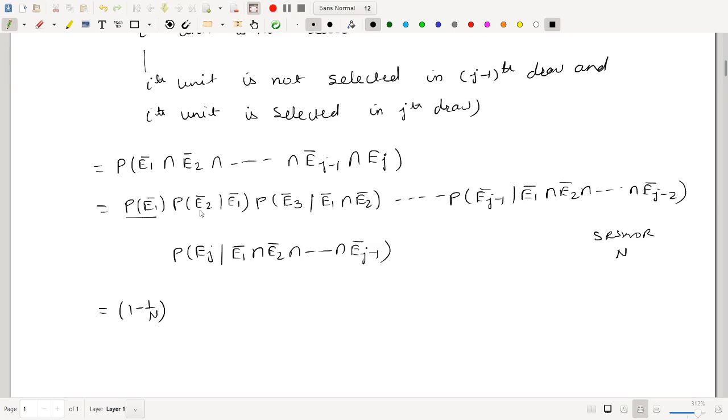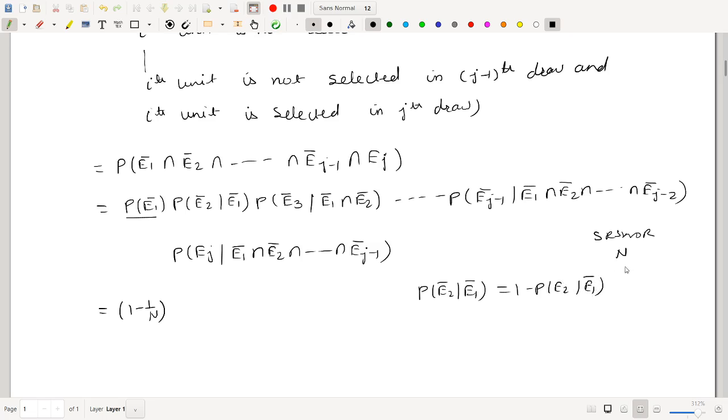To find probability of E2 bar given E1 bar, probability of E2 bar given E1 bar is actually 1 minus probability of E2 given E1 bar. Now this given E1 bar means actually ith unit is not selected in first draw, and then we want to find probability that ith unit is selected in second draw.